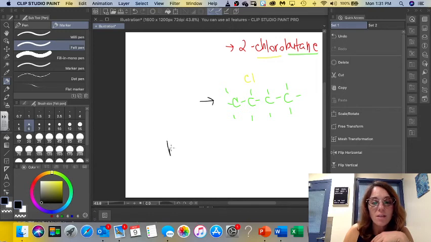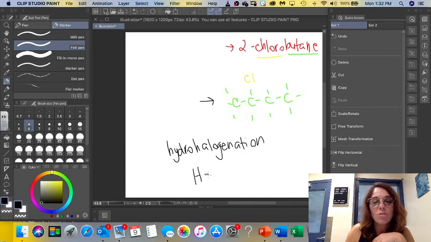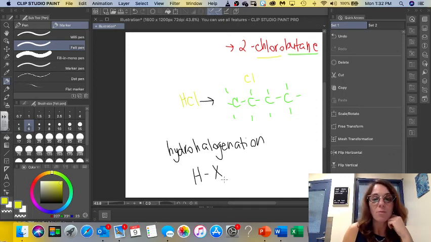So this tells me that this has to be a hydrohalogenation instead. In a hydrohalogenation, you are taking a hydrogen with whatever your halogen happens to be. In this case, it's chlorine. So one of my reactants is going to be HCl. So now what's my other reactant?